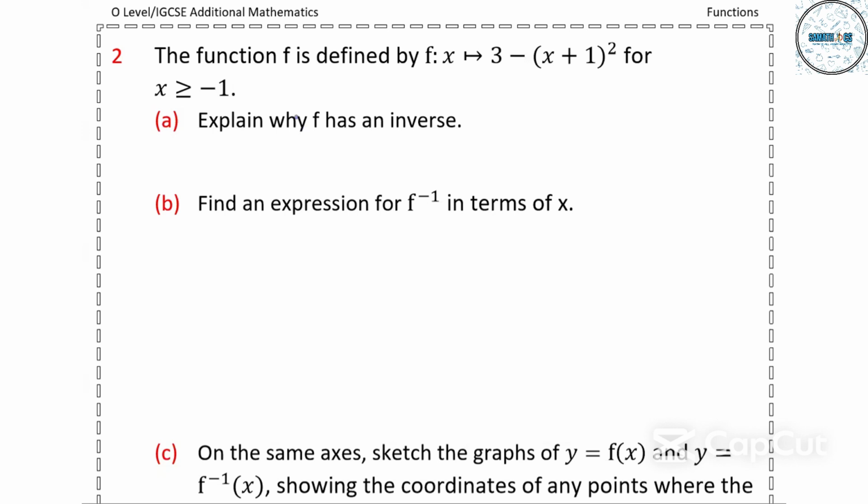Let's do another question. The function f is defined by f of x equals 3 minus x plus 1 whole square for x greater than or equal to -1. Part A, explain why f has an inverse. As the domain is x greater than or equal to -1, 3 minus x plus 1 whole square is a quadratic function.